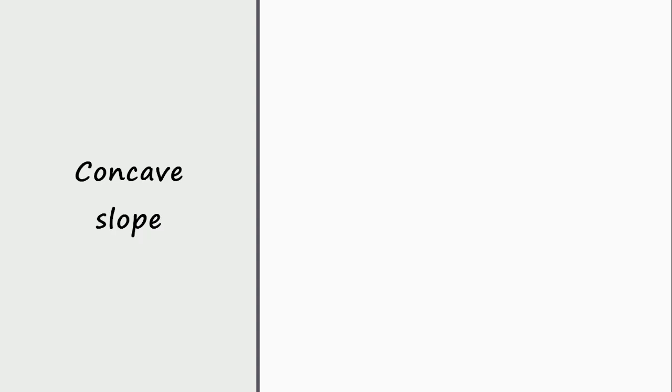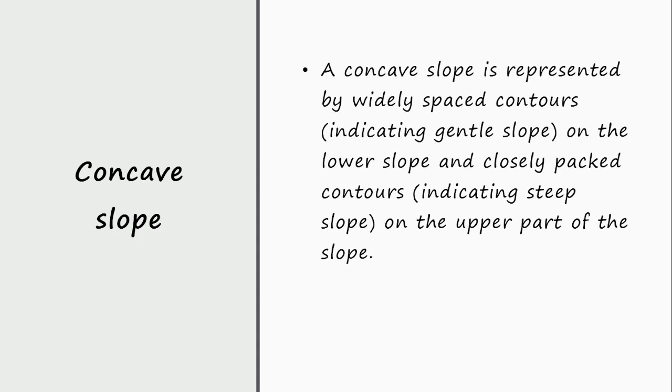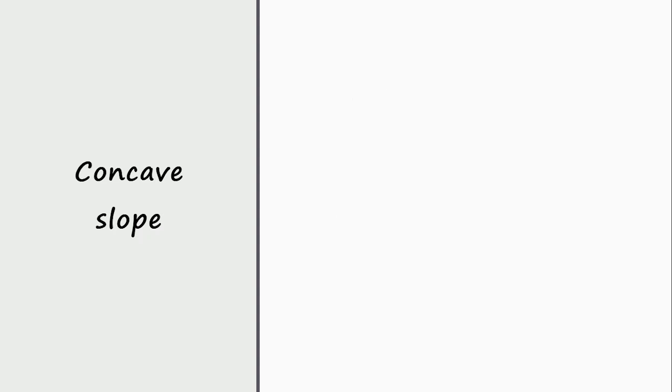Then there is the concave slope. A concave slope is represented by widely spaced contours indicating gentle slopes on the lower sides, and closely packed contours indicating steep slopes on the upper part of the slope. So this is the inverse of the convex slope.